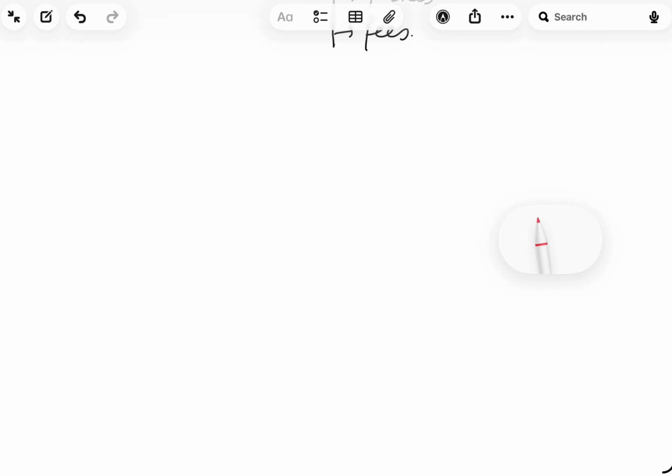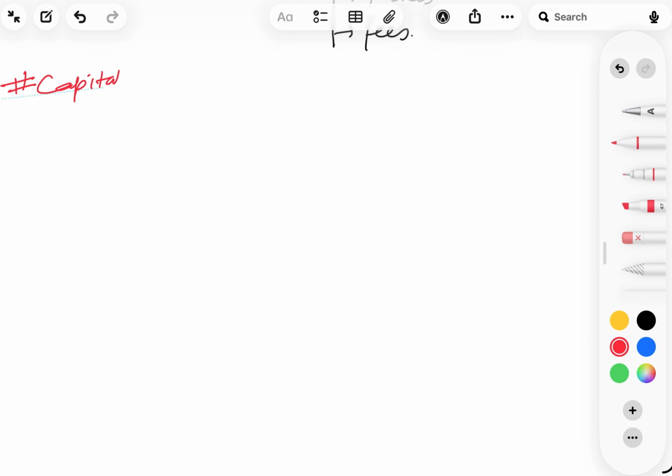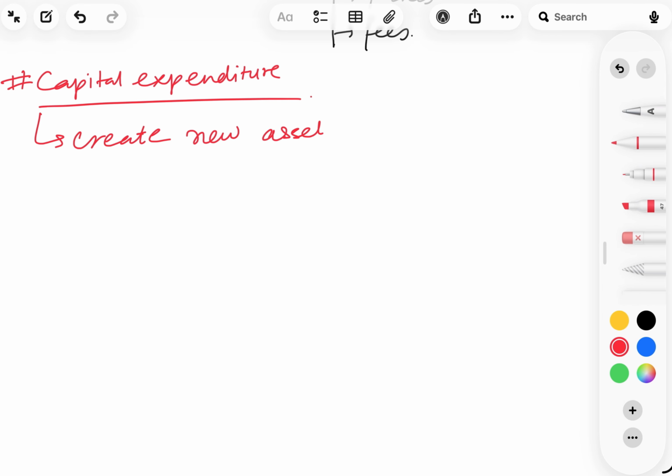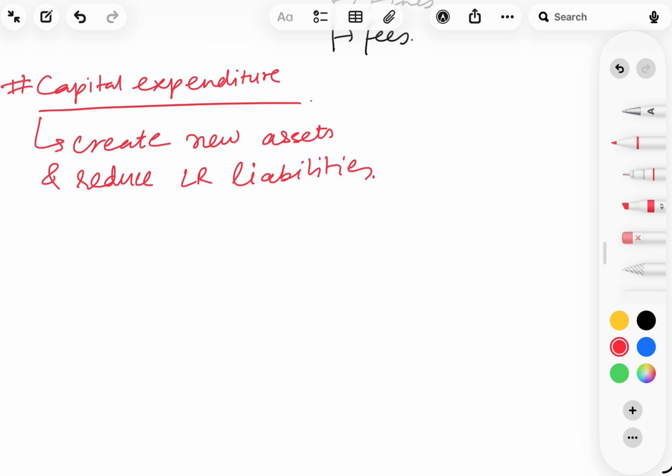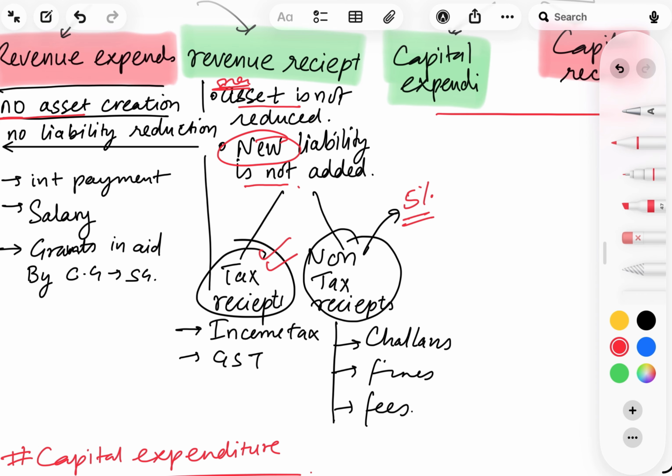Now let's speak of capital expenditure. Capital expenditure is a good thing because these are the ones which create new assets and reduce long-run liabilities.